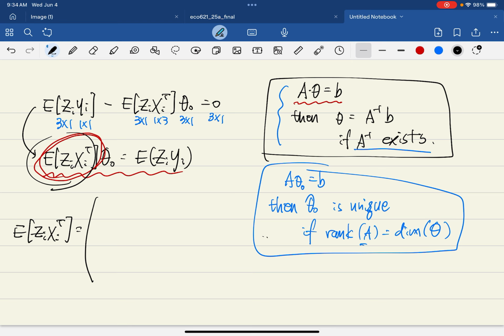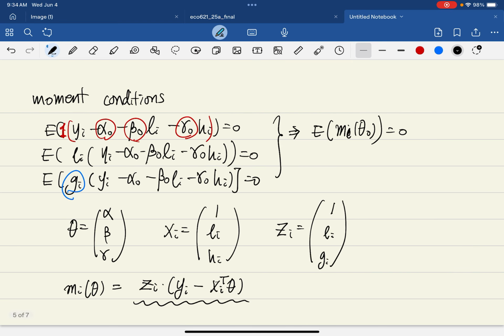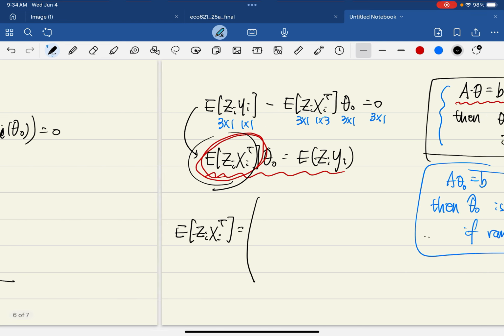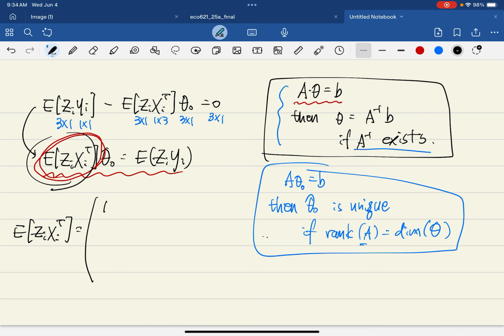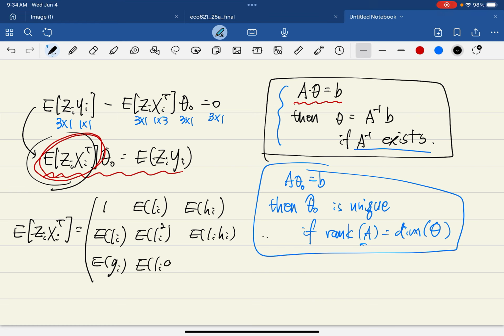If you expand, replacing z and x using this definition, you can write it as: 1, expectation Li, expectation Hi; expectation Li, expectation Li squared, expectation Li Hi; expectation Gi, expectation Li Gi, expectation Hi Gi.